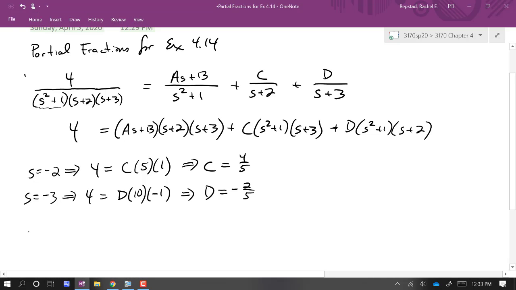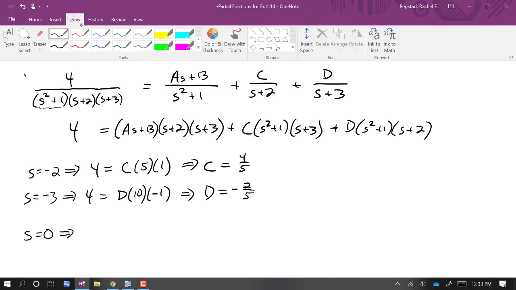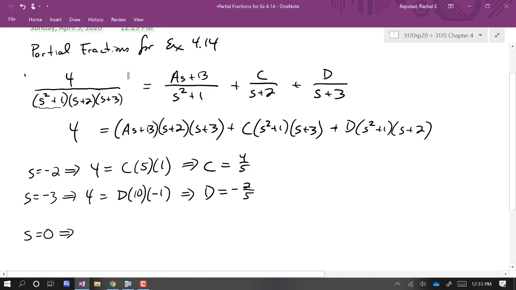So if s is 0, then looking at this first term, the a term zeroes out, and we're just left with b times 2 times 3. We know the value of c is 4/5, and if s is 0, that's 4/5 times 1 times 3.